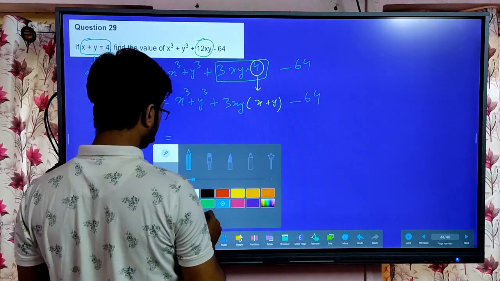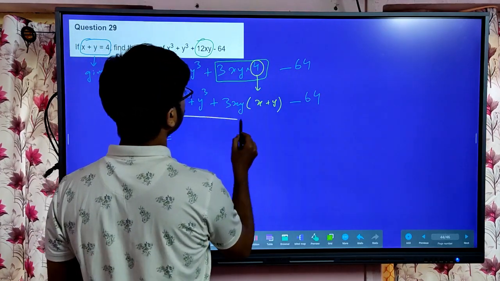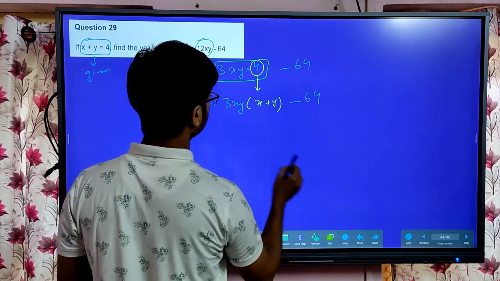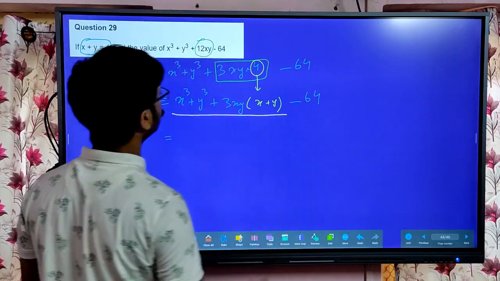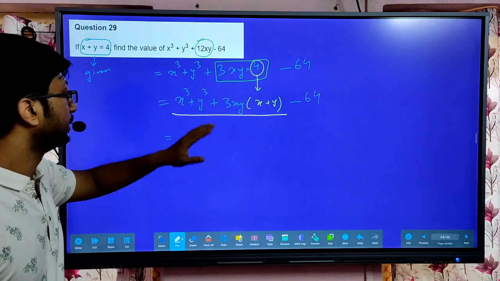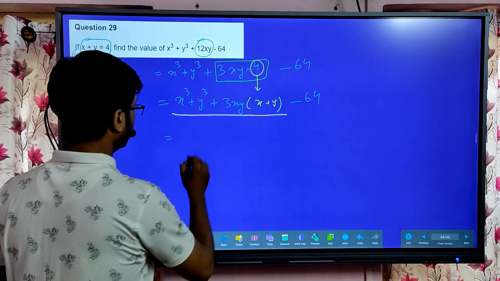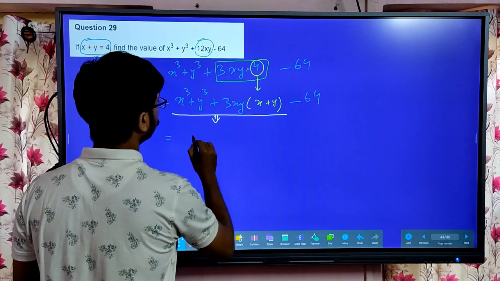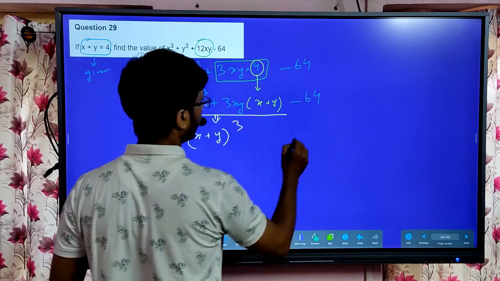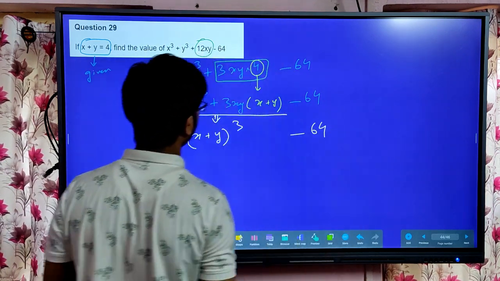Now up to this much, if you look carefully, this is the formula of a cube plus b cube plus 3ab into a plus b. So up to this much is the x plus y whole cube formula, and minus 64 is separate.